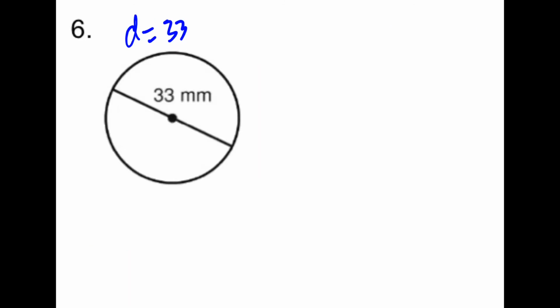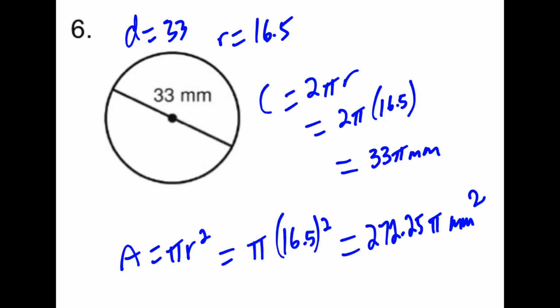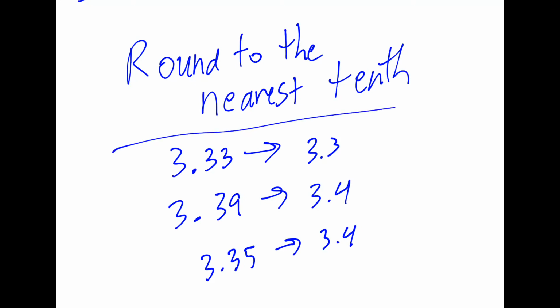Last one, if my diameter is 33, that means my radius is 16.5. If I plug 16.5 into these two formulas for circumference and area, I get 33 pi millimeters, or 272.25 pi millimeters squared. Here's just a reminder of how you would round to the nearest tenth.